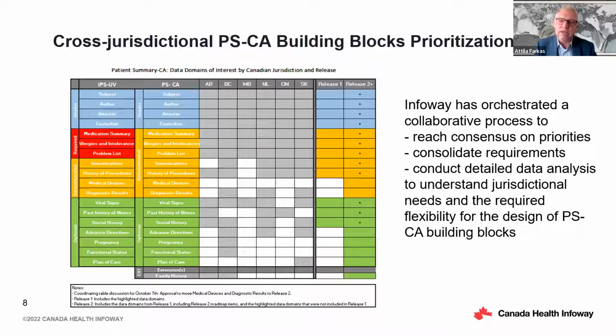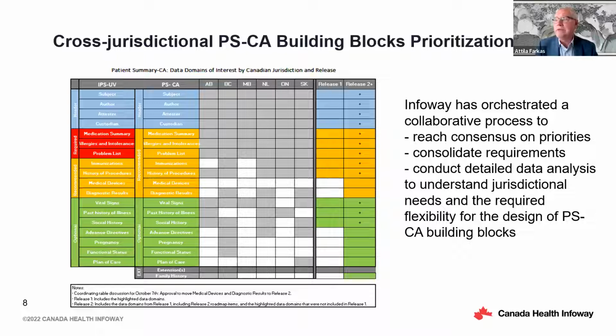This was a decision reached at the coordinating table where we felt that some of the clinical business flows wanted the flexibility to decide what it is that they would like to consider in generation of a patient summary. Some specialties potentially do not require, I don't know, problem list or medication summary. To give you an example, Saskatchewan wanted to use the patient summary as an opportunity to also share advanced directives for a patient.